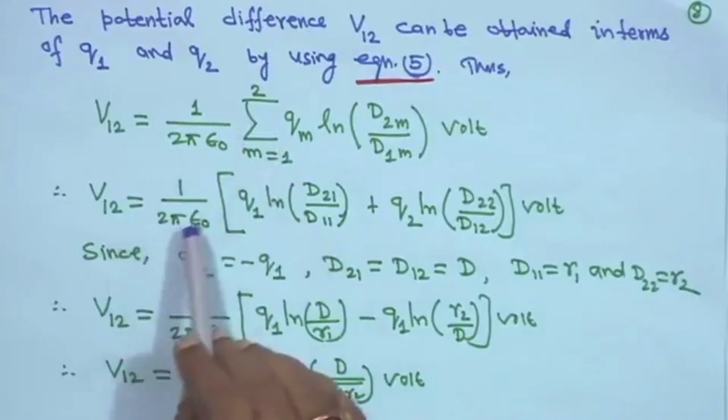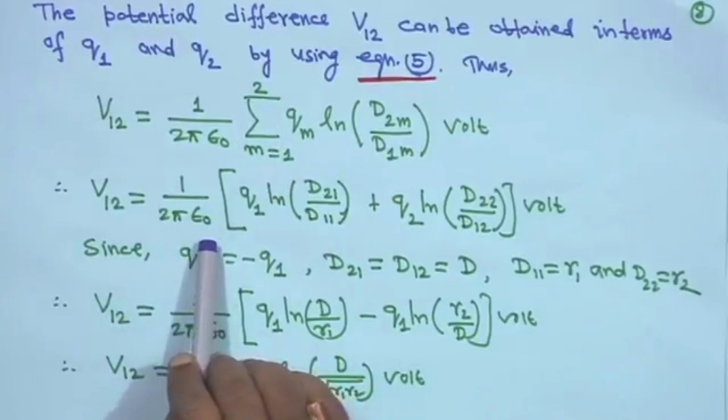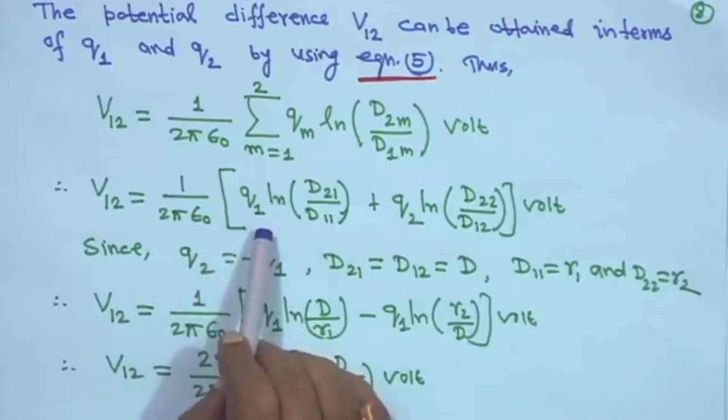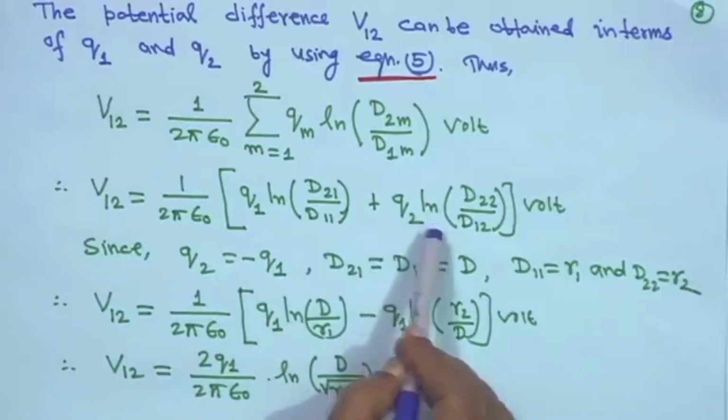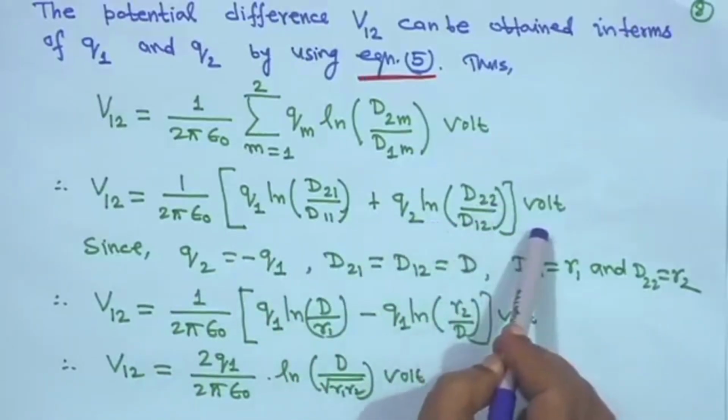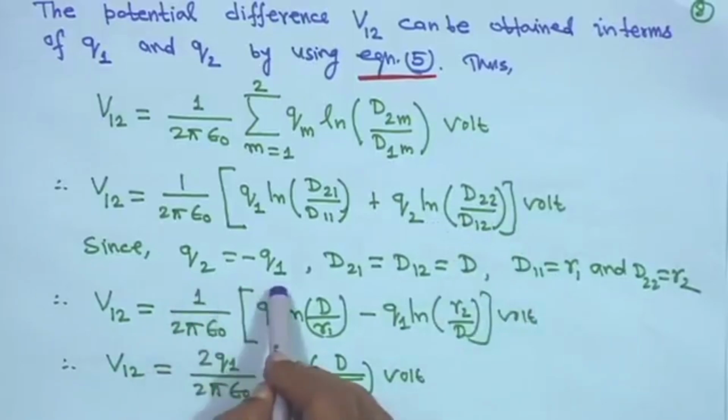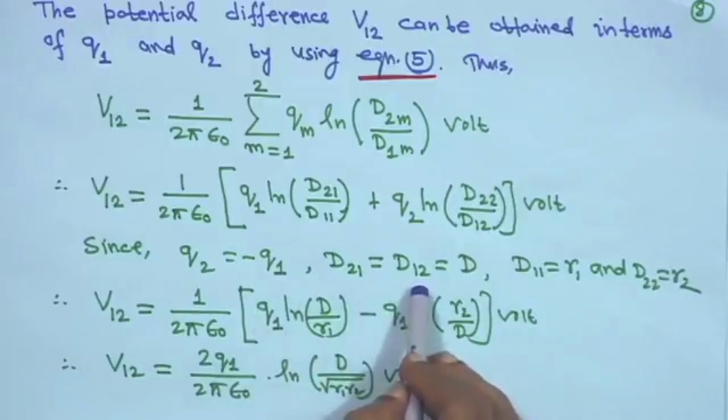Now, V12 is equal to 1 upon 2 pi epsilon 0, then Q1 ln d21 upon d11 plus Q2 ln d22 upon d12 volt. Now, since Q2 is equal to minus Q1 and d21 is equal to d12, actually two conductors are there, conductor 1 and conductor 2.